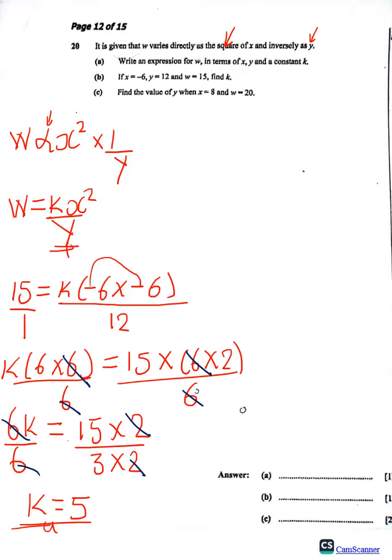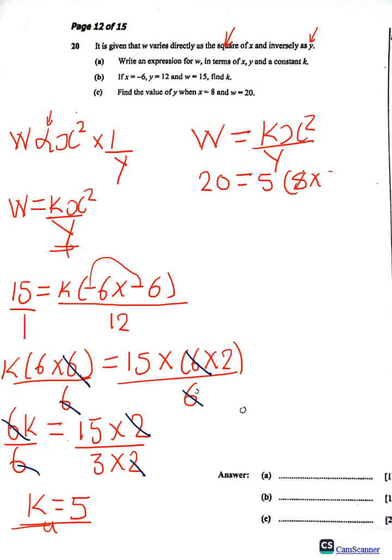Now let's find the last one. Find the value of y when x is equal to 8 and w is equal to 20. First let's write our expression. What are we solving for? We are solving for y. So w is equal to 20, k is 5, times our x is 8.